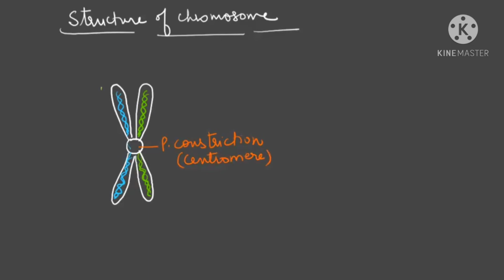And these two are known as sister chromatids. Is it clear? So I have drawn one chromosome, which has one primary constriction and two sister chromatids. The ends of the chromosomes, that is the ends of the chromatids, are known as telomeres.